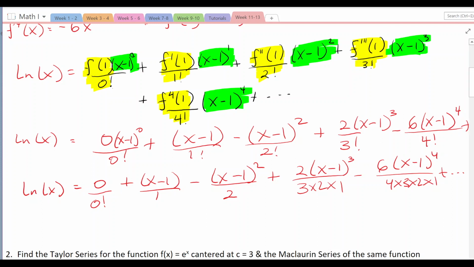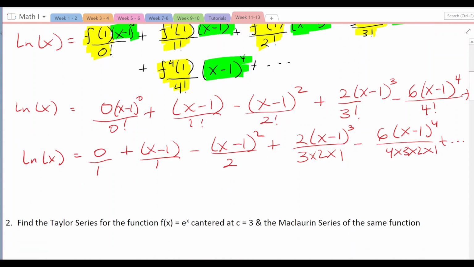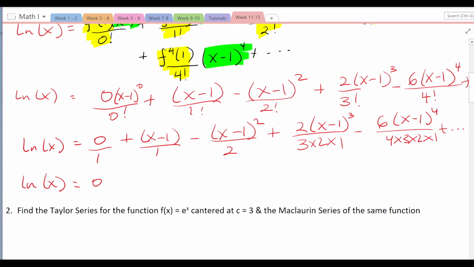So we have divided by 1, divided by 2, because 2 factorial is simply 2, 1 factorial is 1, 0 factorial is 1, but 0 divided by 1 is still 0. Okay, so the first term is actually 0. 0 plus, just leave it like that. If you want 0 plus x minus 1 for 1, and then minus x minus 1 over 2, and then positive.